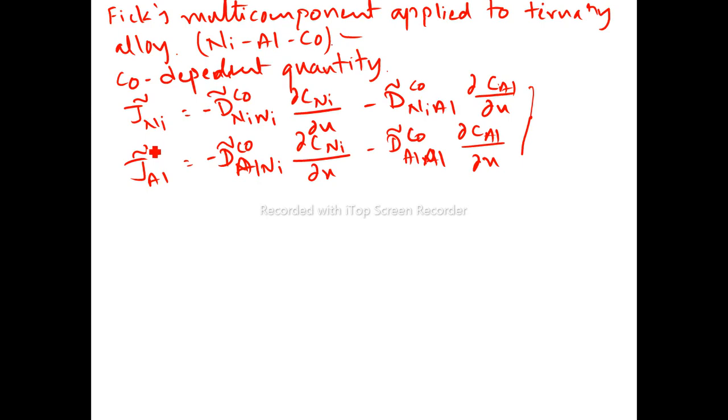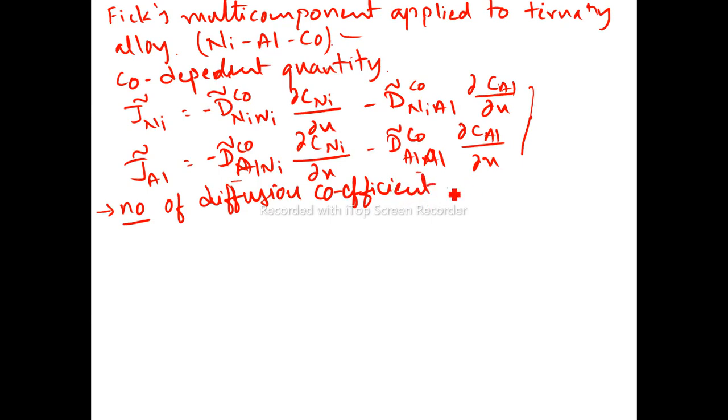Before getting into that, I need to give a general condition for how many diffusion coefficients are required for an n-component system. That is, the number of diffusion coefficients required is (n minus 1) whole square.